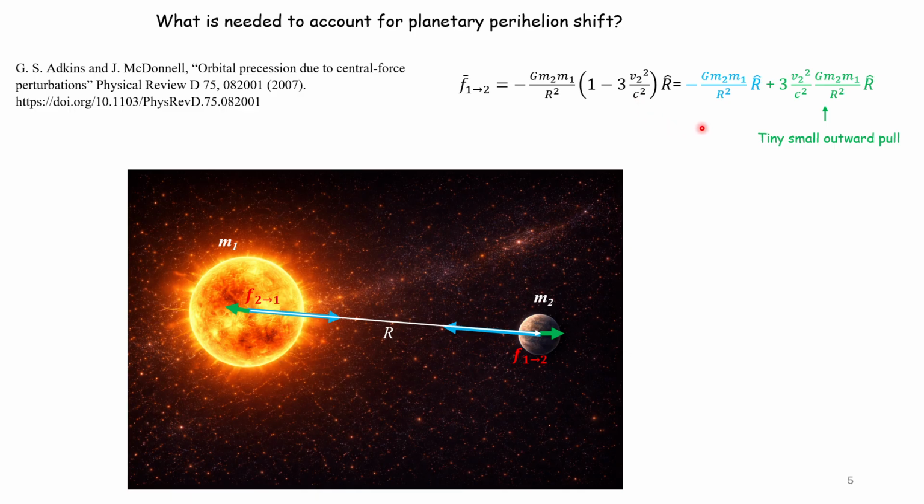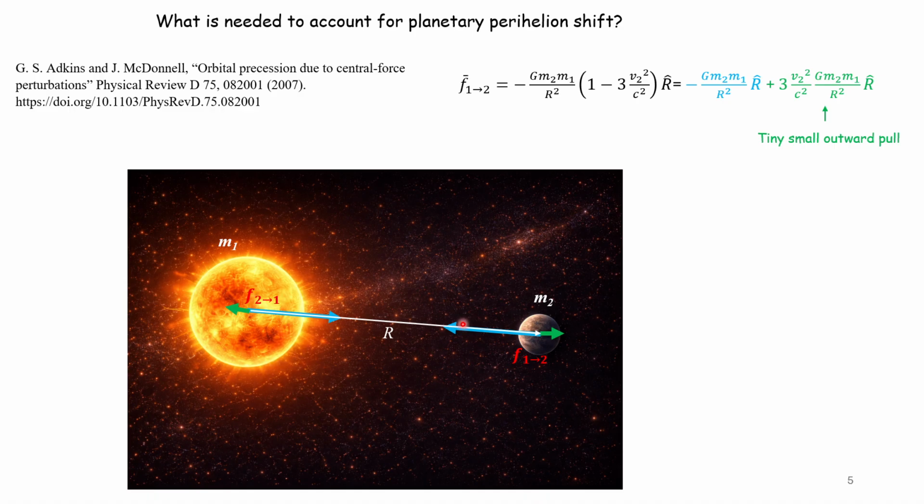So we write it out in two terms. So here is the Newton gravitational force, and here is the correction. And you see there's a plus sign here, they have opposite sign. So this is a tiny, small outward pull. So I can describe it graphically here.